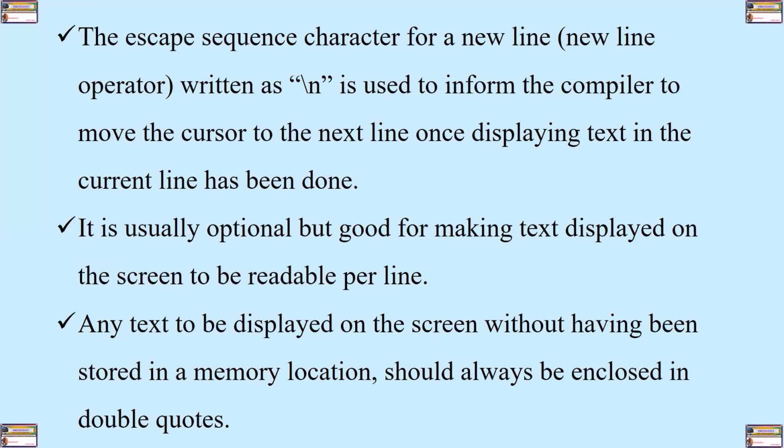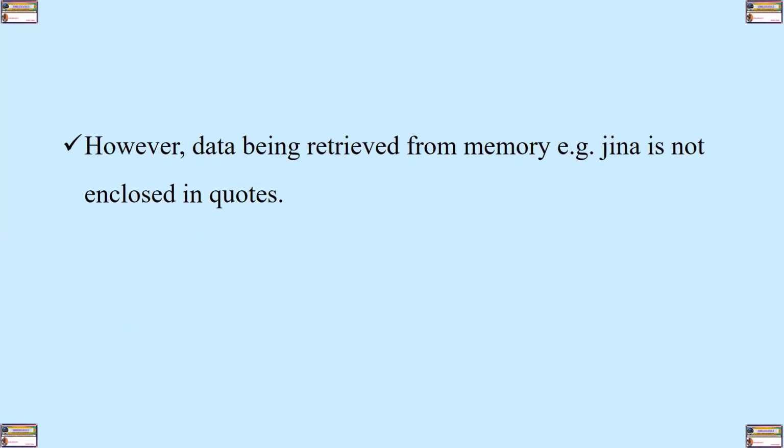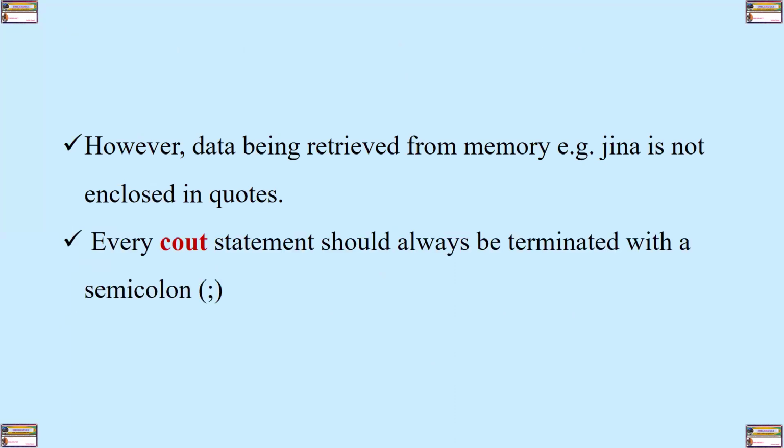Any text to be displayed on the screen without having been stored in a memory location should always be enclosed in double quotes. However, data being retrieved from memory, for example, Gina, is not enclosed in quotes. Every cout statement should always be terminated with a semicolon.